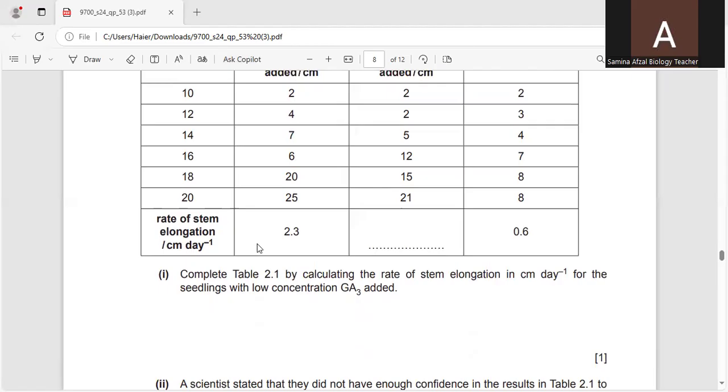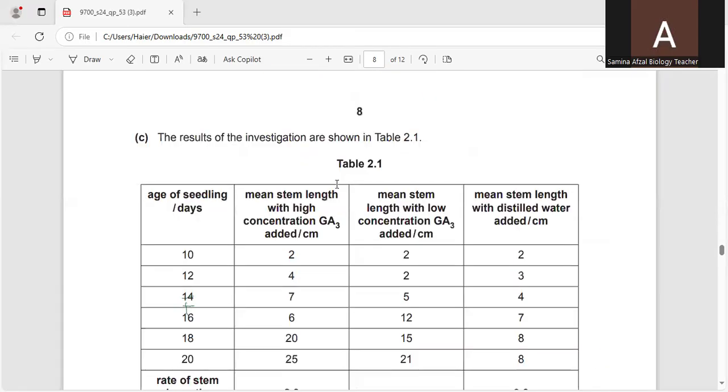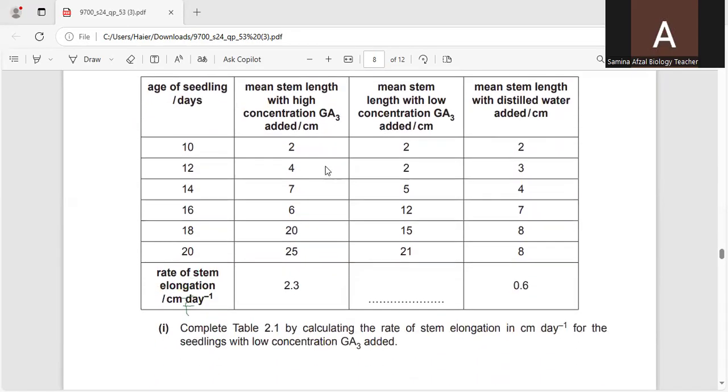They have the space given for this purpose. First of all, we will write it this way: the mean stem length with low concentration, which will be the final at the 20th day.